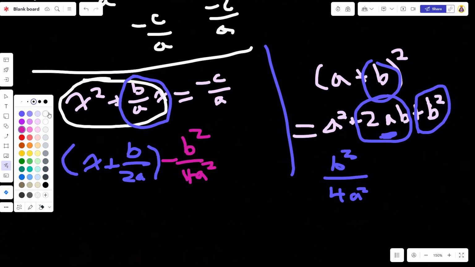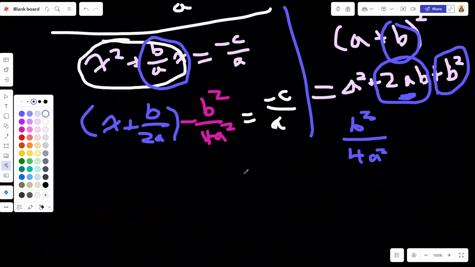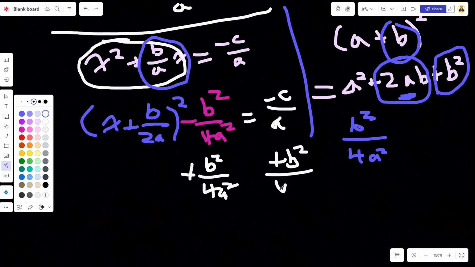And finally, we're going to set it equal to negative c over a. Okay, I forgot to write the square sign over here, but yeah. And now it's going to be pretty easy. We're just going to move this negative b squared over 4a squared to the right side, because it's now a constant, and we can just add b squared over 4a squared to both sides.